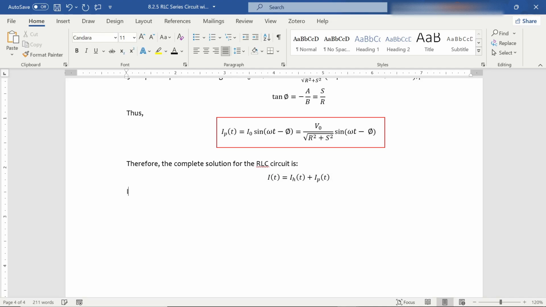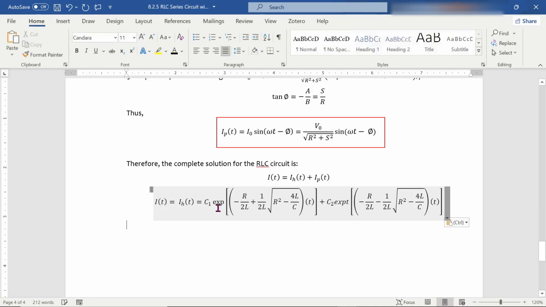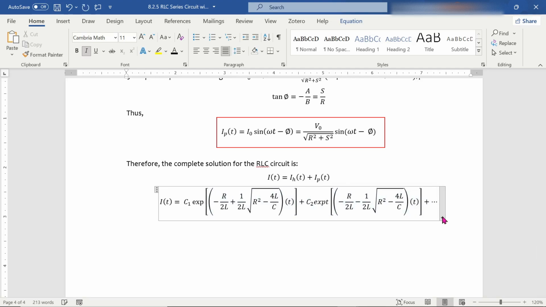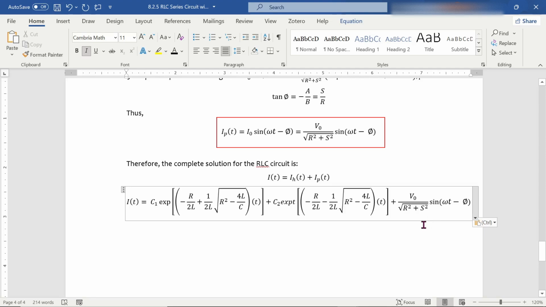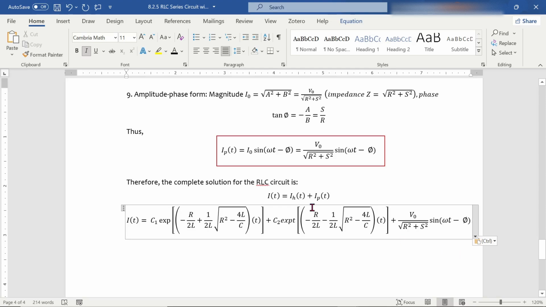We copy the homogeneous solution, plus V naught over the impedance R squared plus S squared times sine of omega t minus phi. And this is now our general solution for the RLC series circuit.